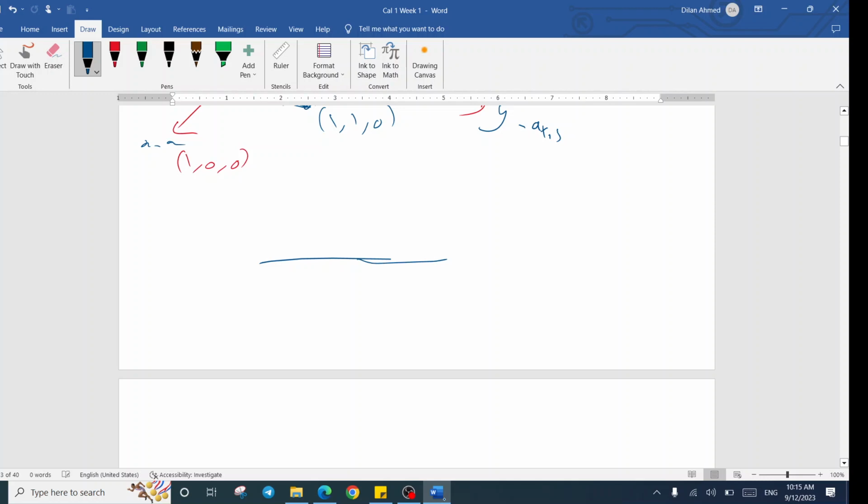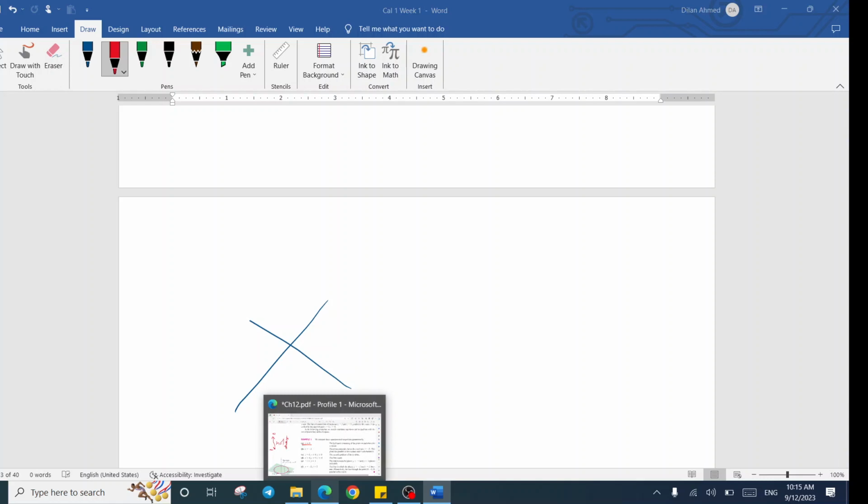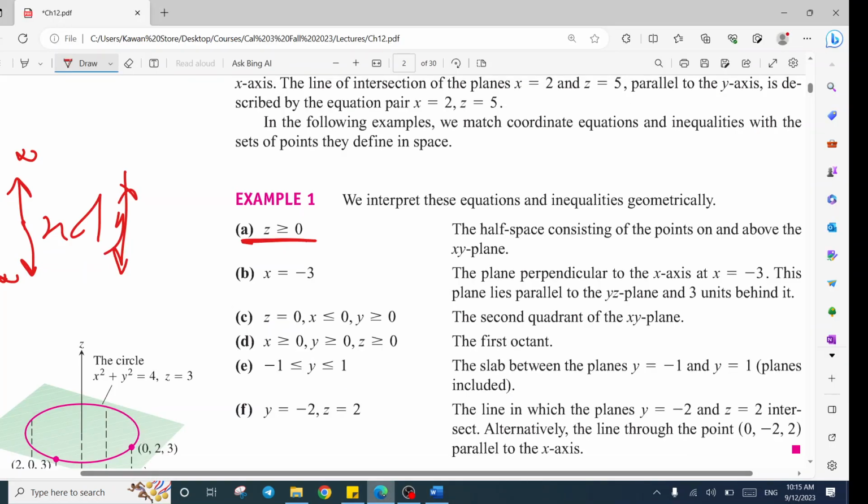I have a whole x-axis, and I have a whole y-axis, and I say z, in the example, sorry, and I say z, I put a condition only on what? On z. I say z greater than or equal to what?